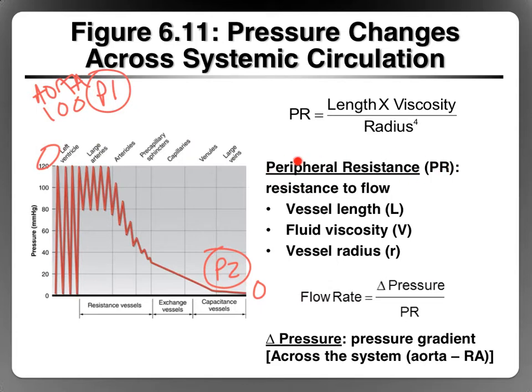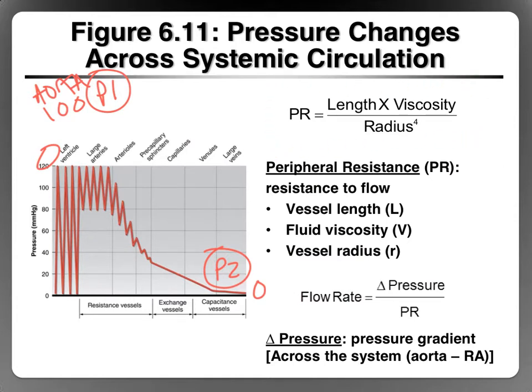Peripheral resistance, it's the resistance of flow, the resistance of blood flowing forward. And we abbreviate it PR. And the three factors that affect peripheral resistance are the length of the vessel, the viscosity of the fluid in the vessel, and the radius of the vessel. And the way we explain it is with this formula here.